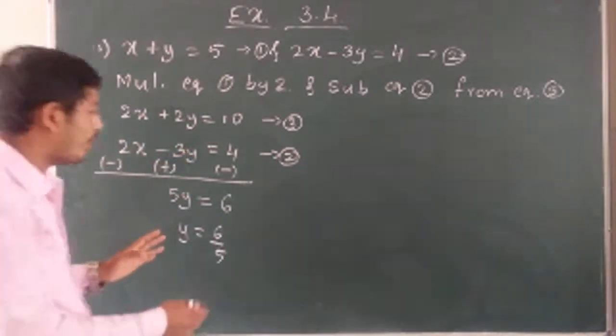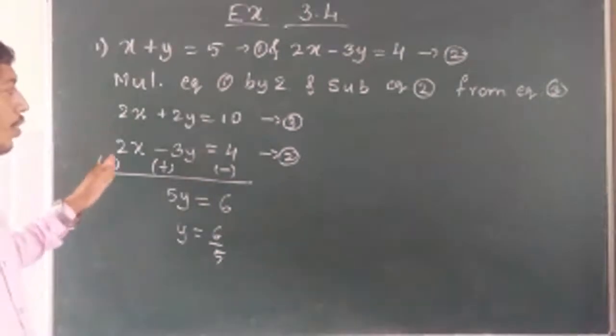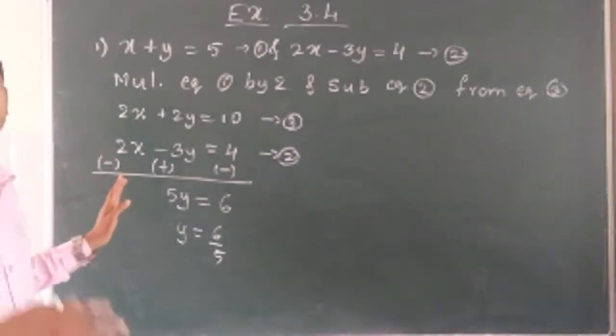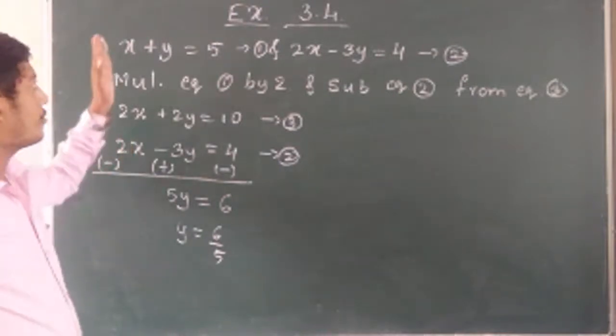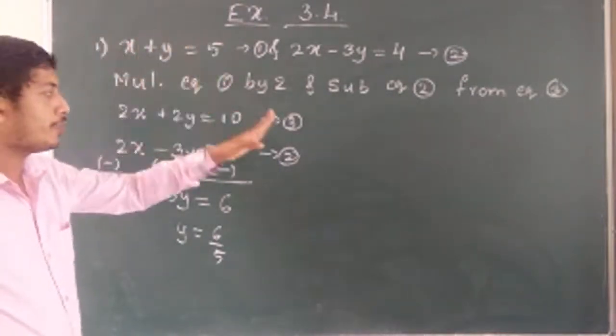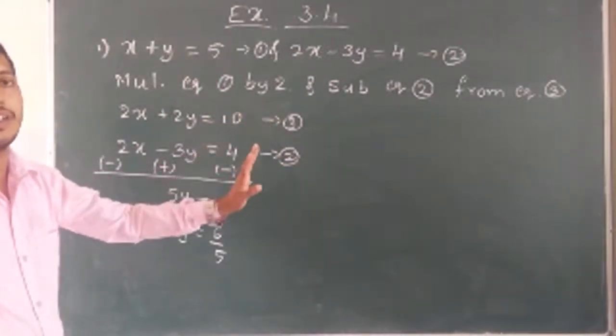Now we have to take this value of y and substitute it in equation 1 or equation 2. Then we will get the value of x. We can substitute in equation 1, equation 2 or equation 3; it doesn't matter, it will give the same answer.